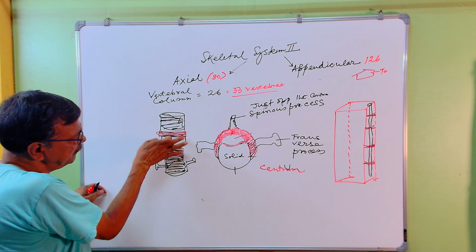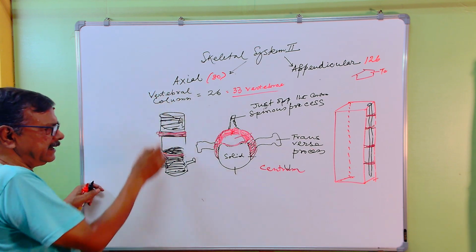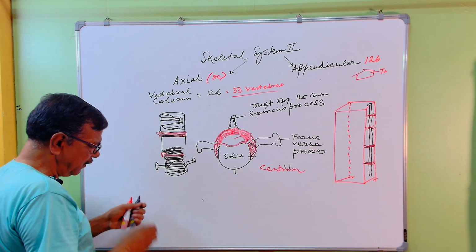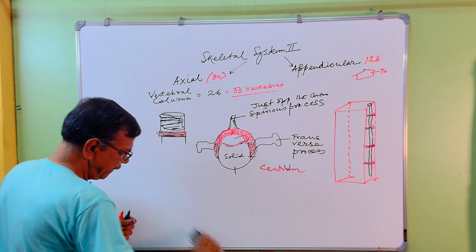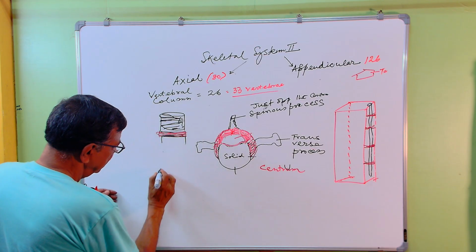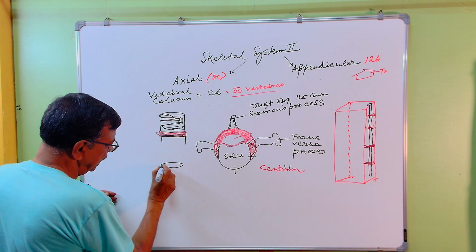Again, this vertebra should fit with this vertebra, and this vertebra will fit with another vertebra. So on the vertebra, this is the solid mass.